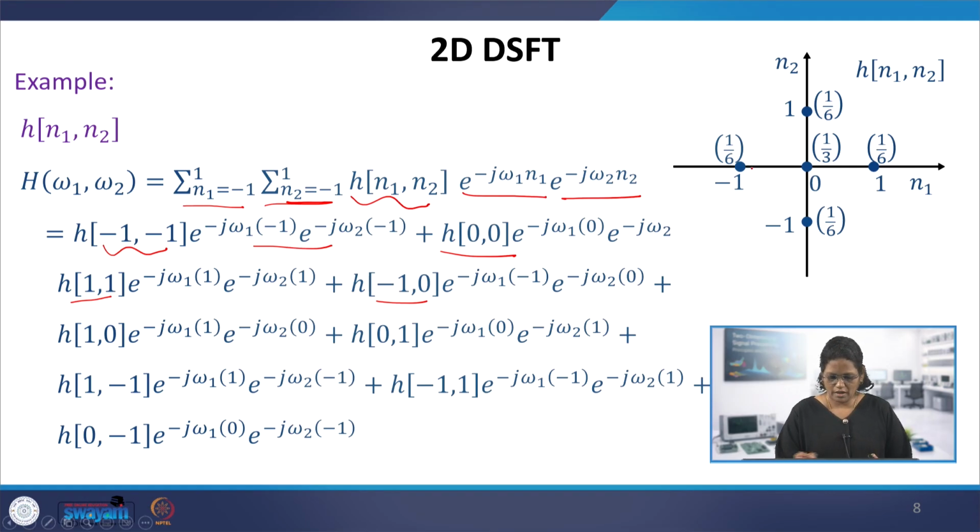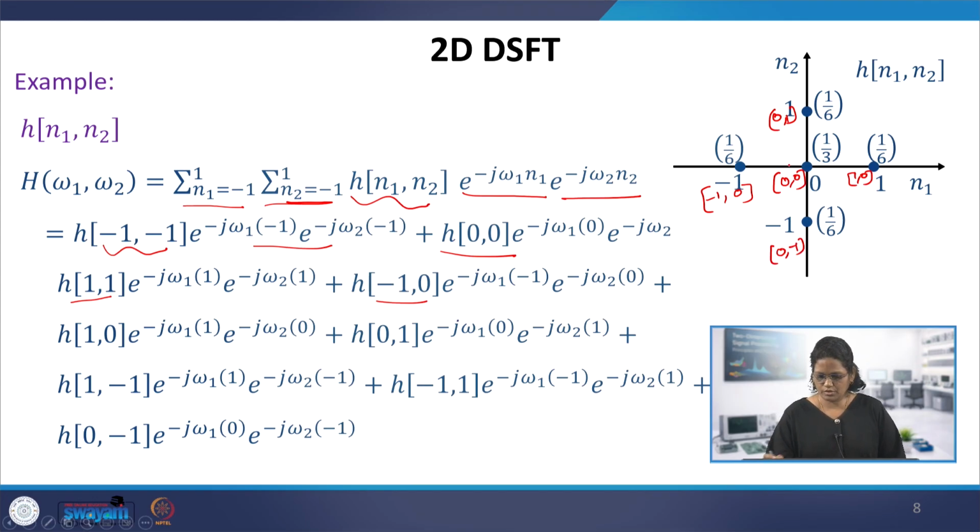So substituting these values from here, this is (0, 0) and (1, 0), the index is known at this stage, and here (minus 1, 0) and (0, minus 1), the indices are known here.